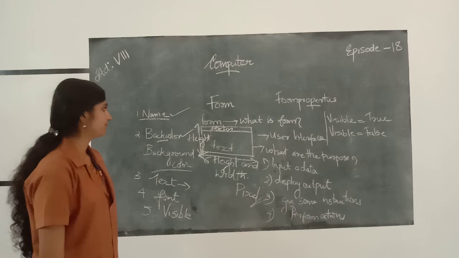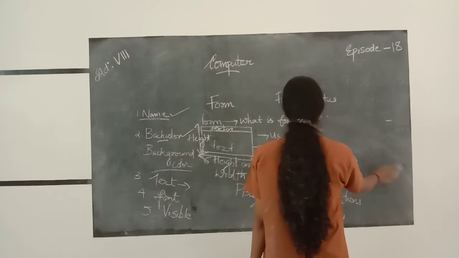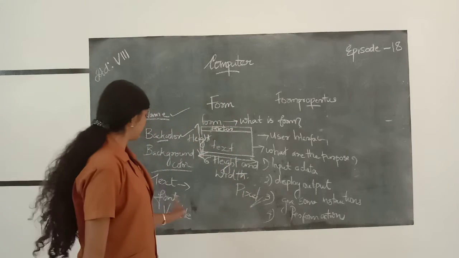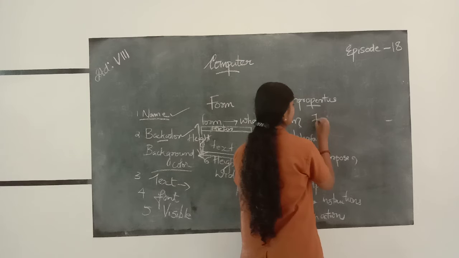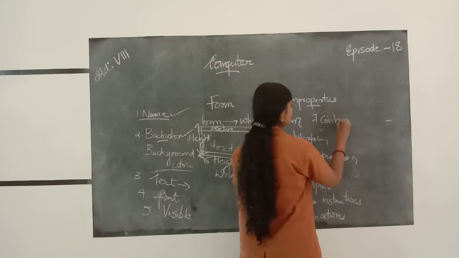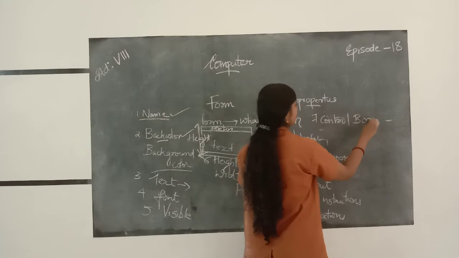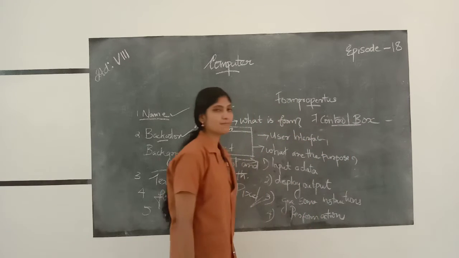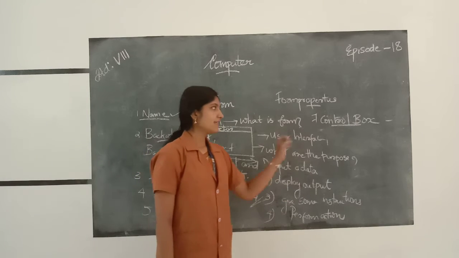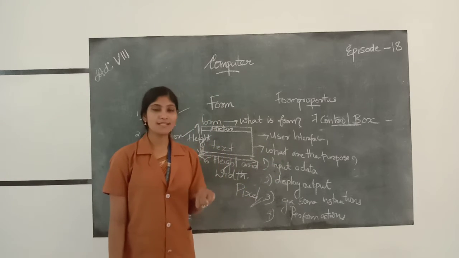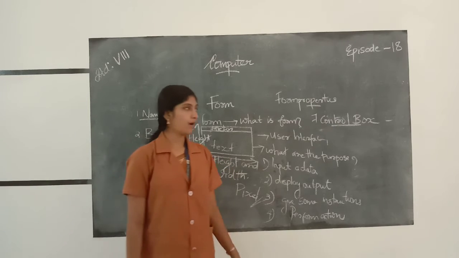Control box. The seventh one, control box. Control box sets the controls for some buttons. It contains two options: you can set control box equal to true and also false.